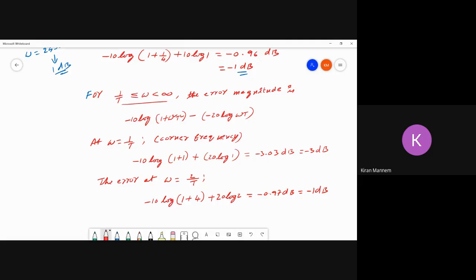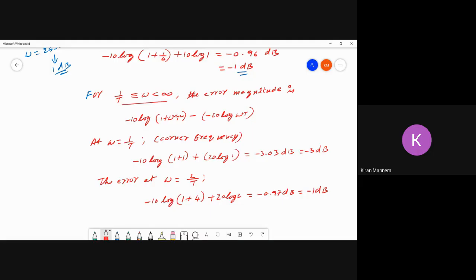So what is the correction factor? First we will draw the approximate graph for the basic factor 1 by 1 plus j omega t. One is below the corner frequency, it is the 0 dB line. So no need to add slope, as for previous basic factors. And then another one is after the corner frequency, it is minus 20 dB per decade.